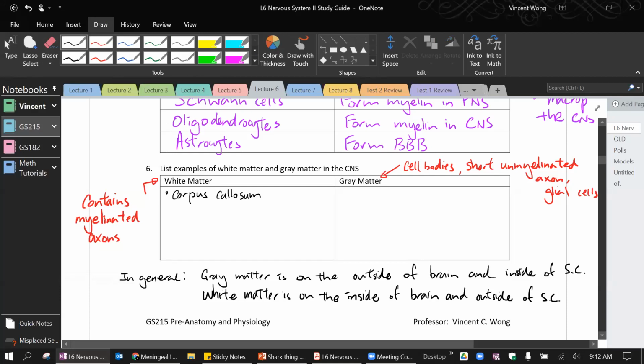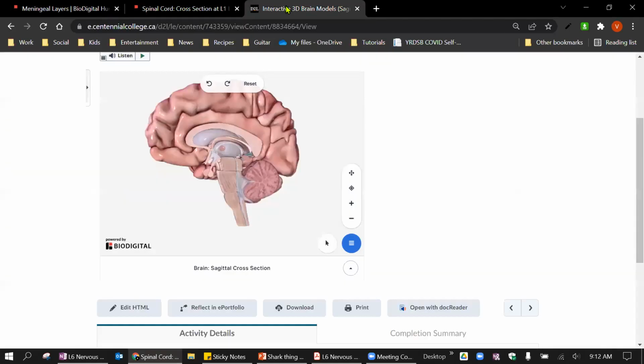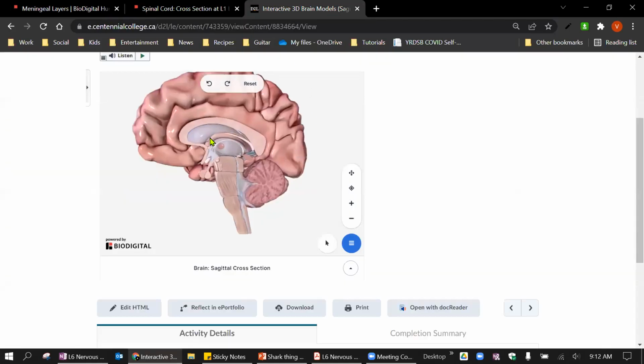The corpus callosum is a bundle of white matter in the brain that allows the left and right hemisphere to communicate with each other. So if you take a look at this 3D brain, this is the lateral ventricle, and on top of it, you see, this is the corpus callosum. Communication between the two hemispheres.